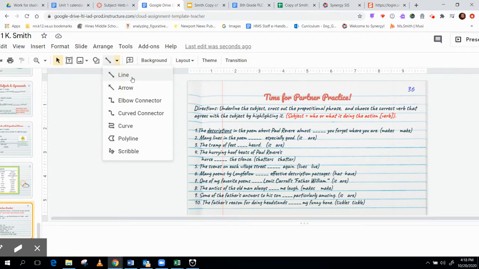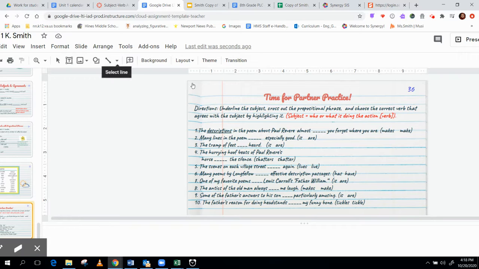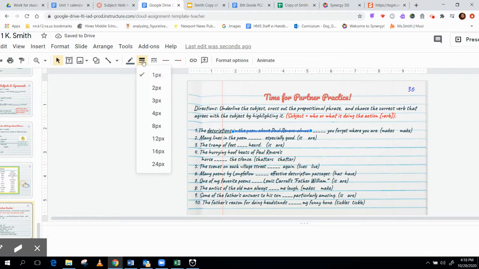I'm going to select the word line, and my cursor is going to turn into a plus sign. I'm going to take this line and cross out my prepositional phrase by dragging it over my phrase. Now my line is a little small, so I'm going to make it bigger by using this line weight and putting it at 4. And I have crossed out my prepositional phrase.